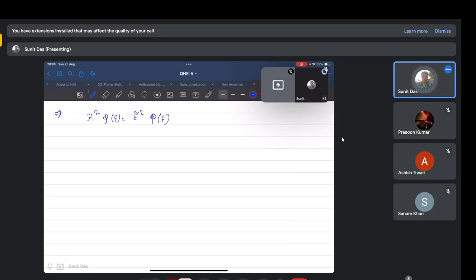This phi xi form will be psi n minus 1 of xi, with some normalization constant, phi n xi, where small n.